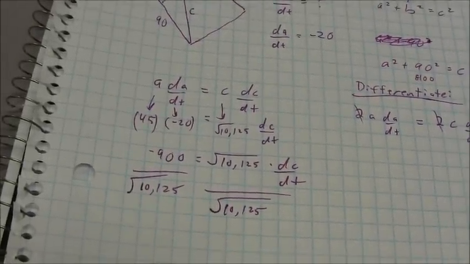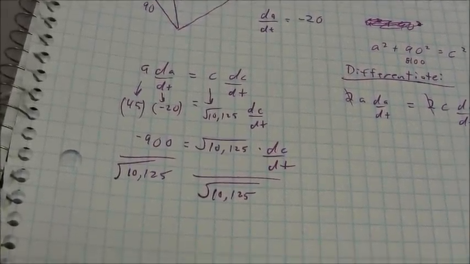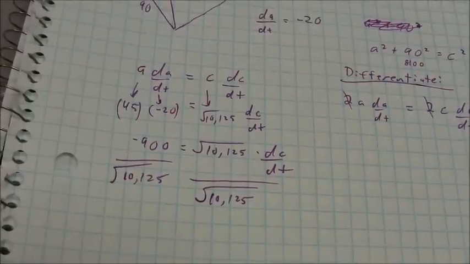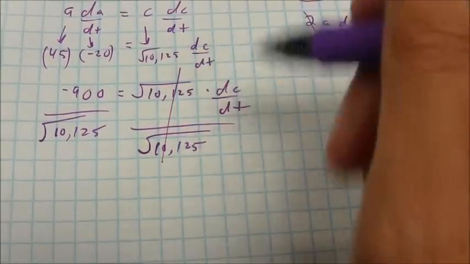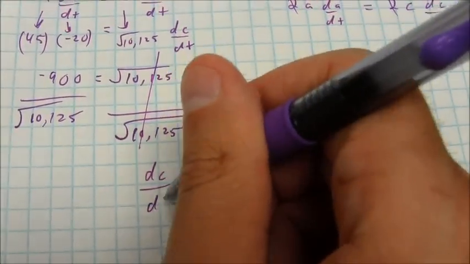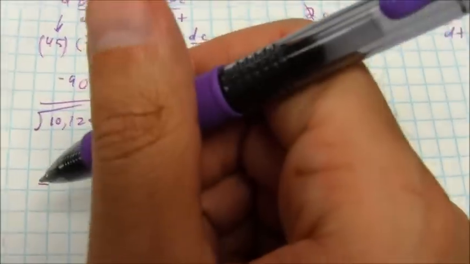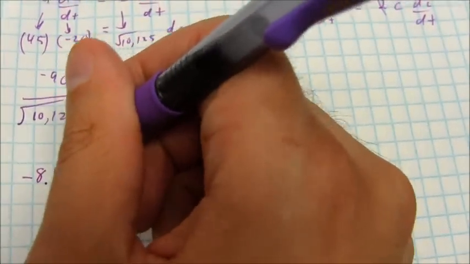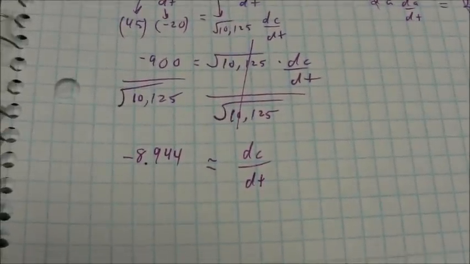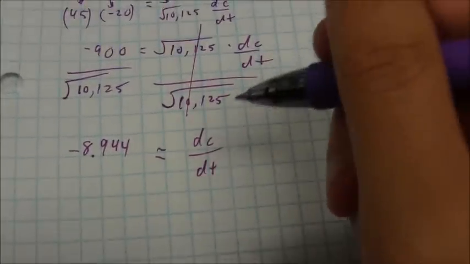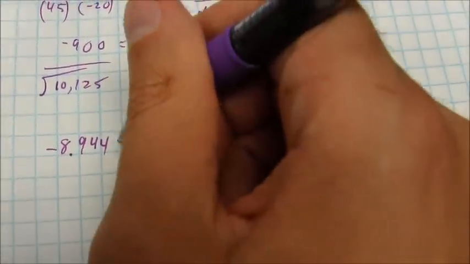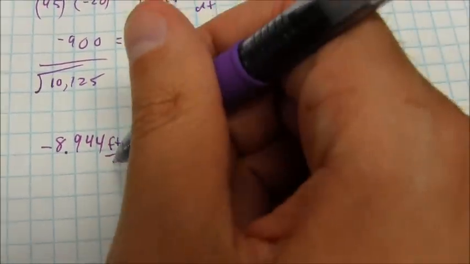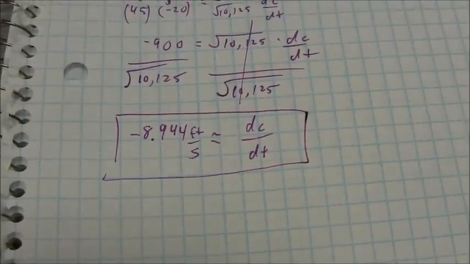And when I do that, I'm going to end up getting a value of dC/dt that is approximately equal to negative 0.8944. Now, what is that? That's a change in distance from home plate. Change in distance, that's a change in C. C is measured in feet, so that's feet. Change in time, of course, is in seconds. And that is my dC/dt value.